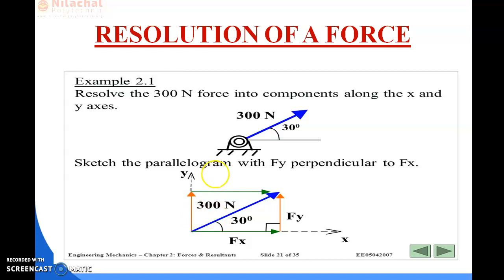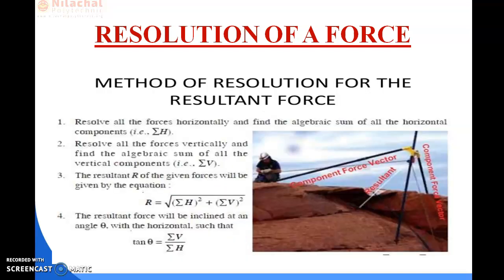And whenever we resolve the force horizontally, the value is 300 cos 30 degrees, and when it is resolved along the y-axis, it is 300 sin 30 degrees. Okay, come to the next. The resolution of force method: how do we consider the forces?